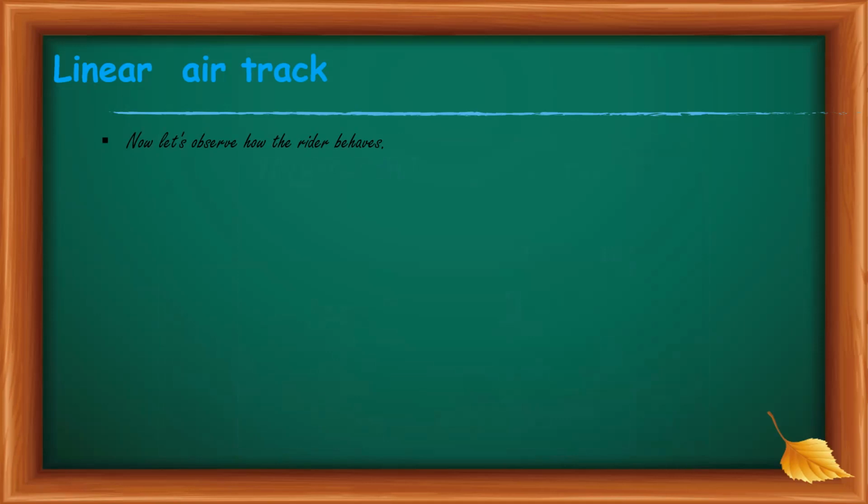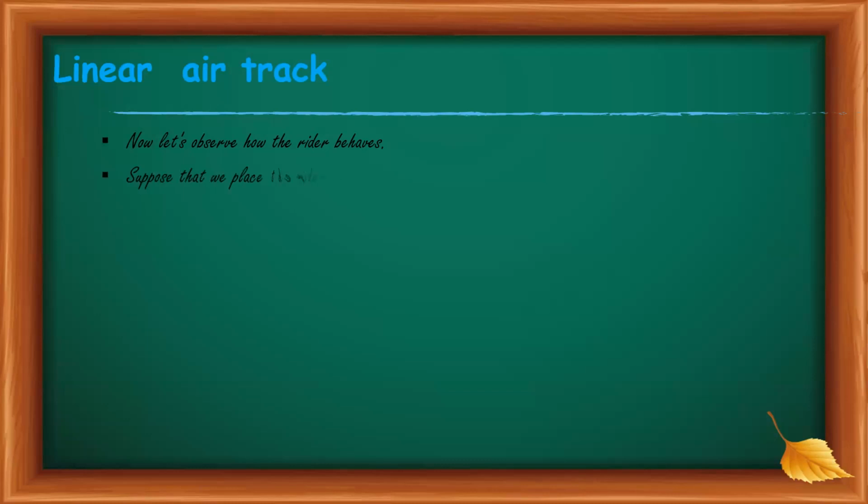Now let us observe how the rider behaves. We know that the linear air track is a device using which we can do experiments as there is no gravity and no friction.